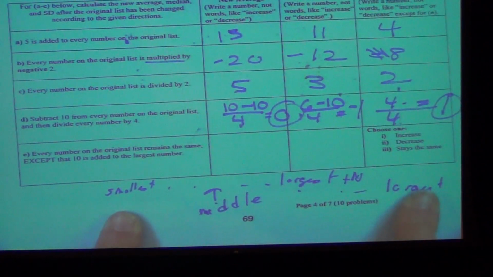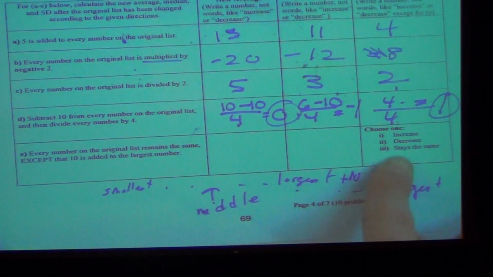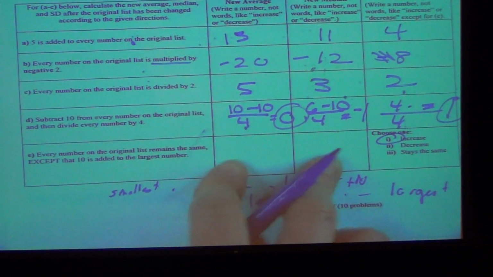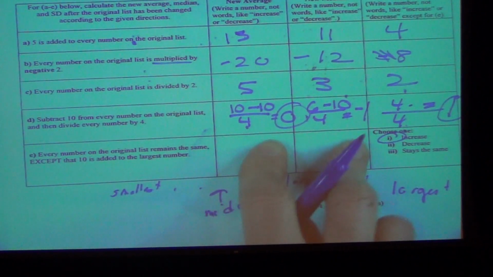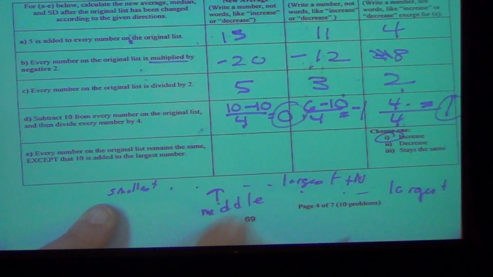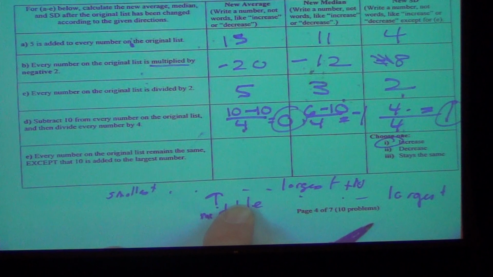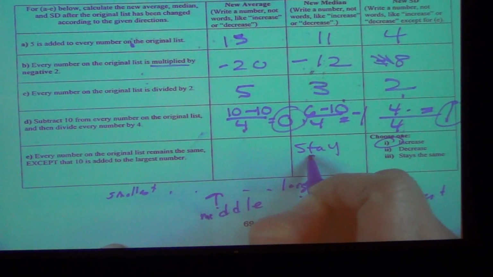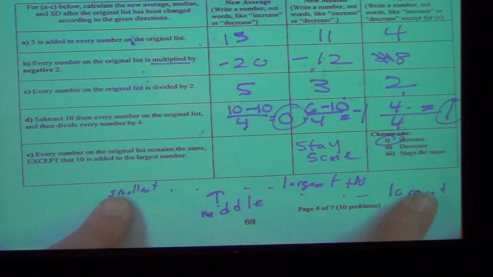You see how that stretches it out? Pretend these were all increase or decrease. We don't have time, and that's what's going to be on the exam. So let's just think about it. What's going to happen to the median? Is it going to change the median? So that will stay the same. Middle number. And will it change the average?